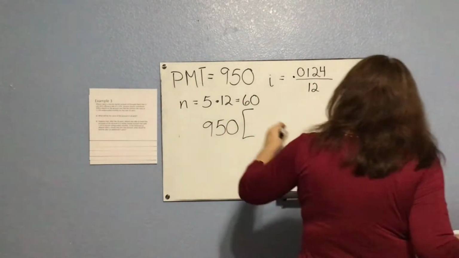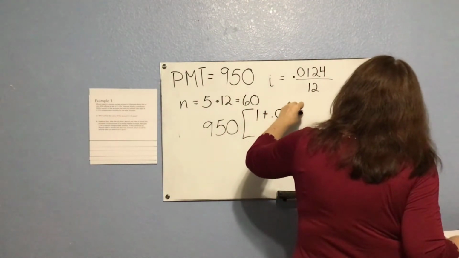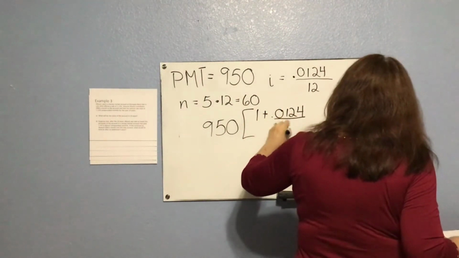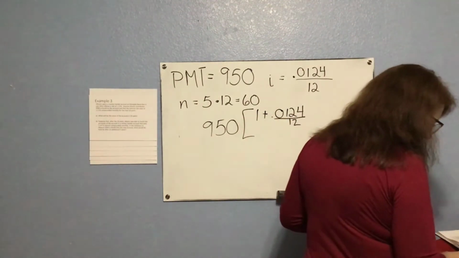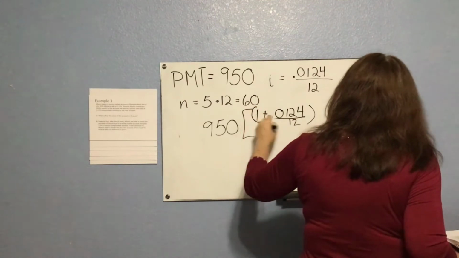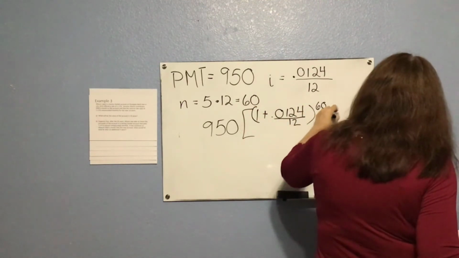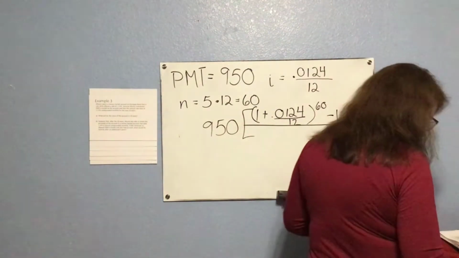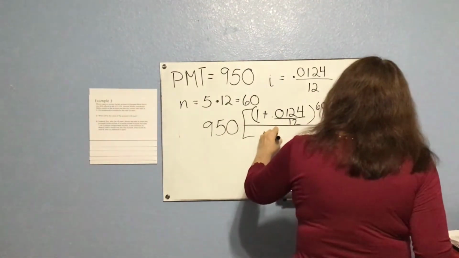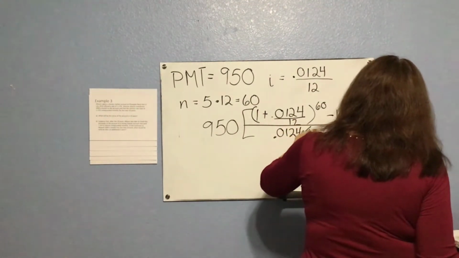times 1 plus 0.0124 divided by 12, and this taken to the 60th power minus 1 over 0.0124 over 12.